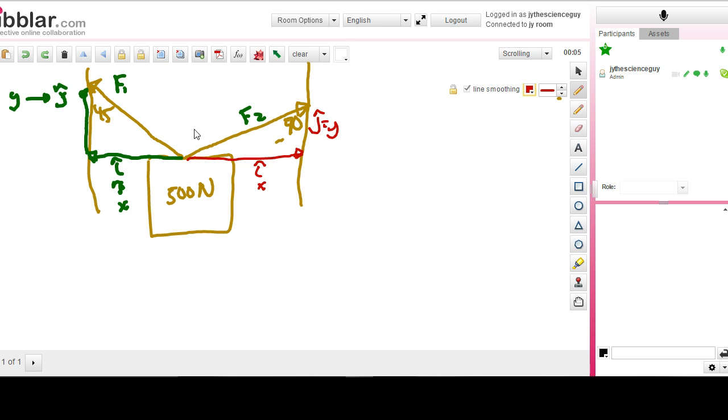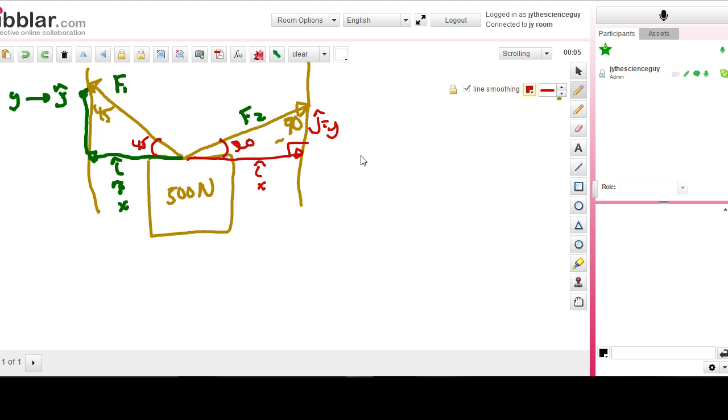The angle that is the most important is not that one, it's this one. It's the one that's from the x direction. So if this is a 90-degree angle, then this angle would be 20 degrees, and that angle would be 45 degrees. And so I'm going to take both of those vectors and break them up.